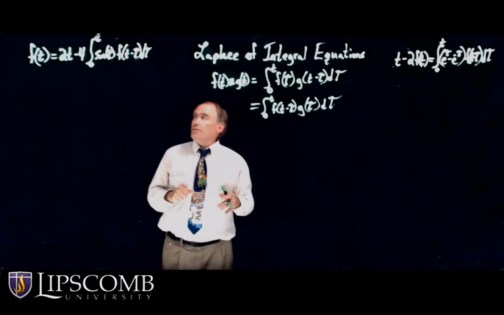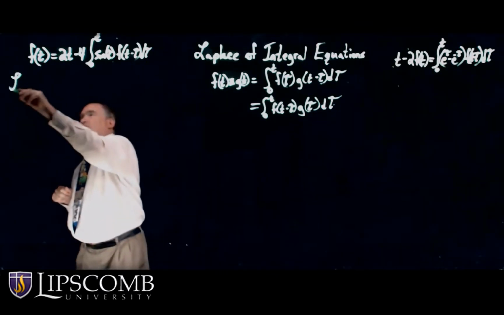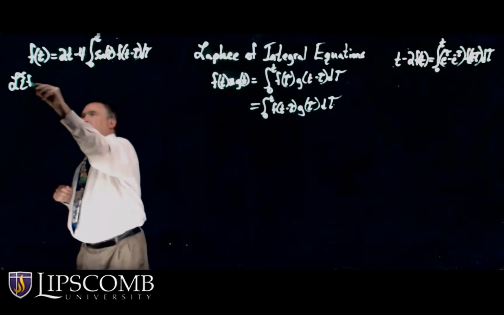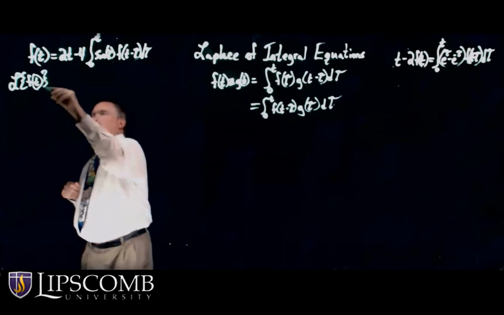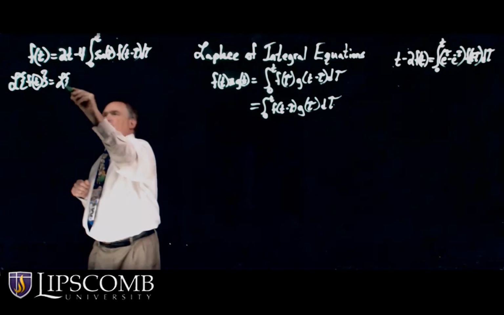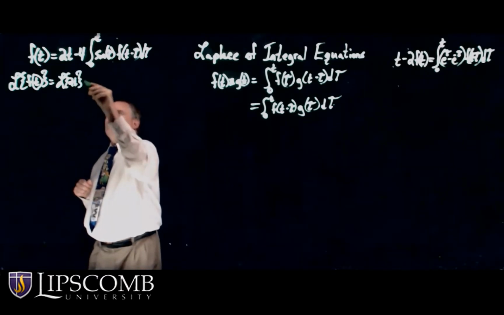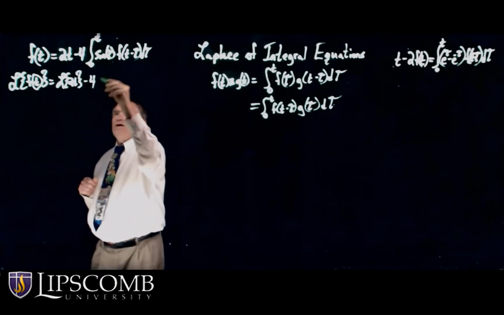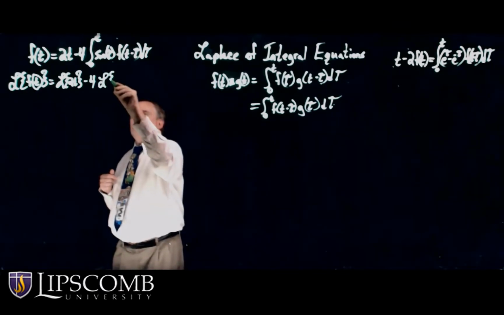Let's do this one first. So I'm going to take the Laplace of both sides. The Laplace of a sum is the sum of the Laplaces. I can factor out constants.